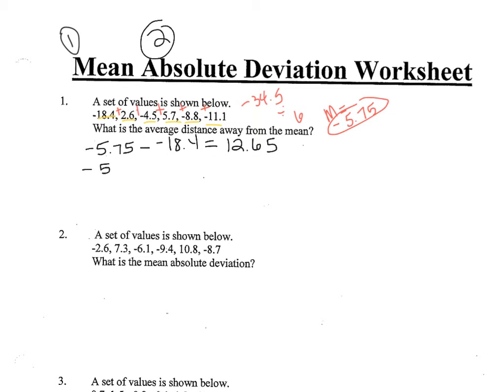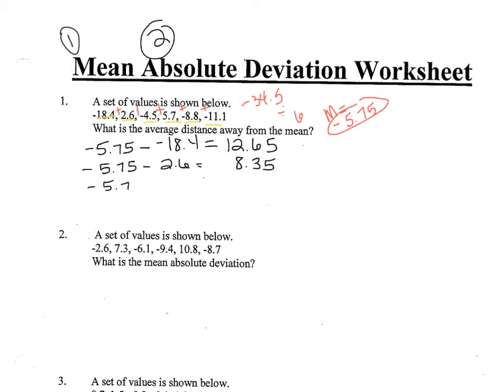Next one, negative 5.75 minus 2.6, and that gives me negative 8.35. But since we're doing the absolute, I'm just going to write 8.35. I'm dropping the negative from that answer.